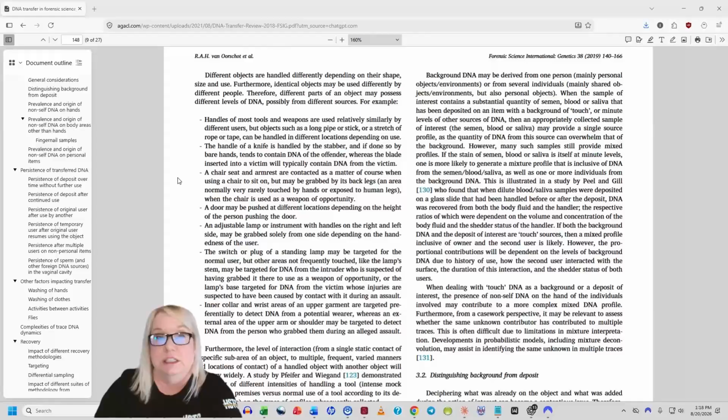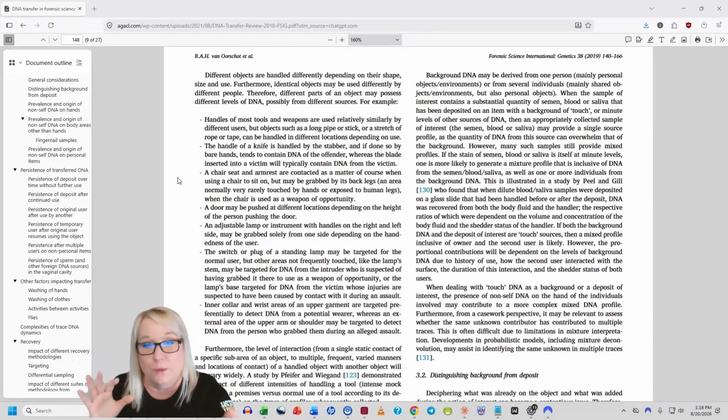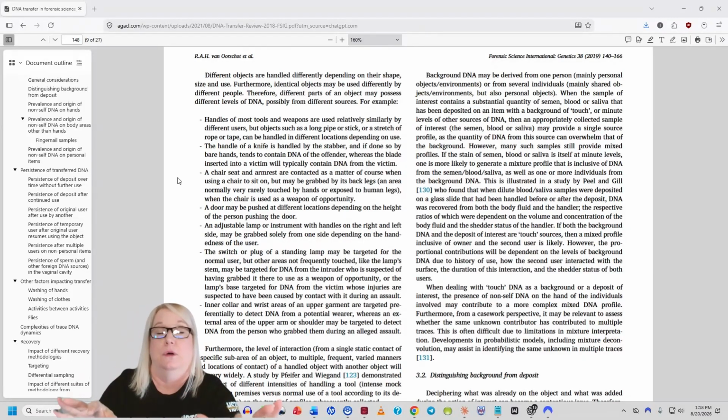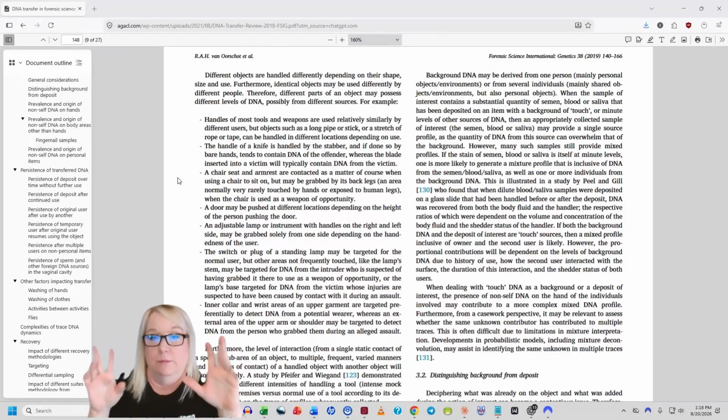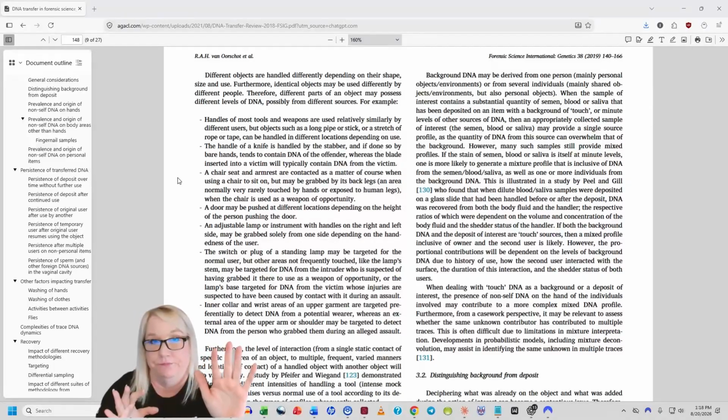Or let's just say it's a rifle or something that is in your house somewhere. Maybe it's in the back of the truck, and every time you drive the truck, and then your spouse drives the truck, it's in the way, and you got to move it away, or it's in the garage and you move it around or whatever. That rifle has all that background DNA on it.